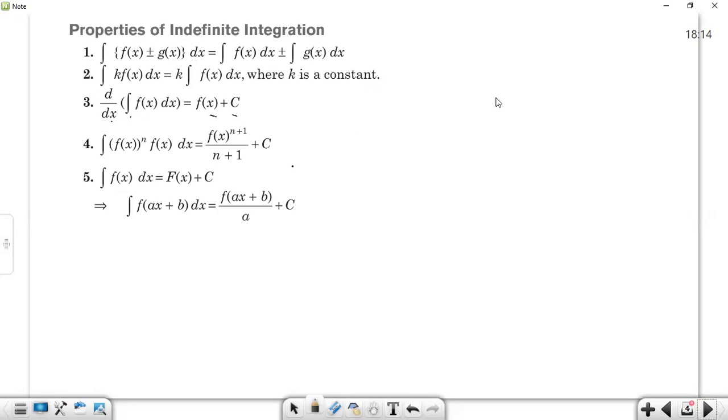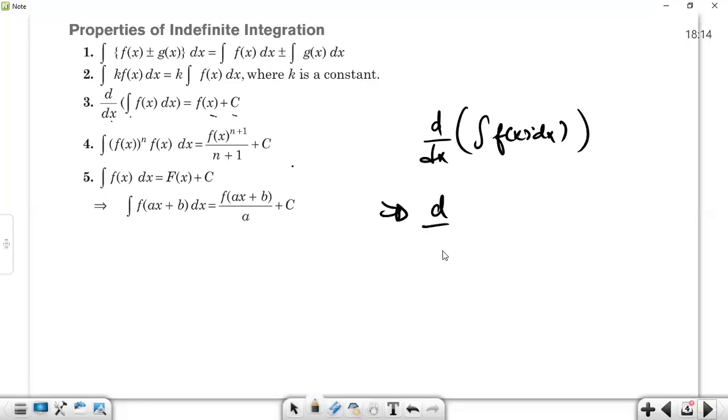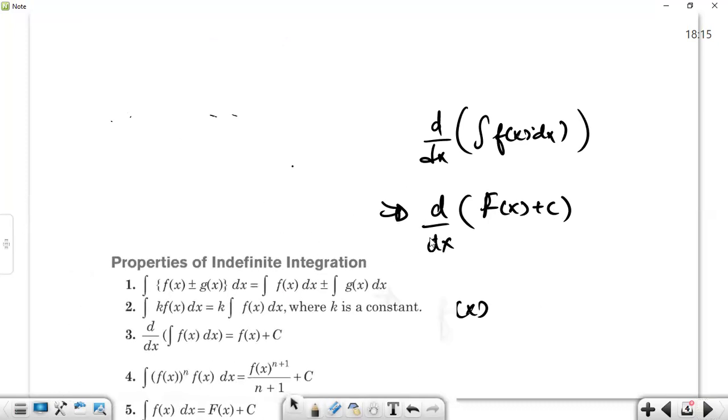Like if we are discussing the integration of f of x dx, what will happen? First, integration will happen, let's say f x plus c. Then differentiation of this, again, the differentiation of c is 0. So in this case, this is going to be the solution.